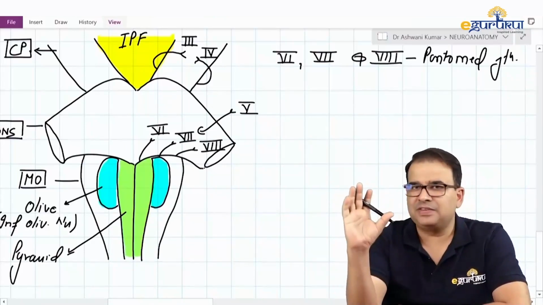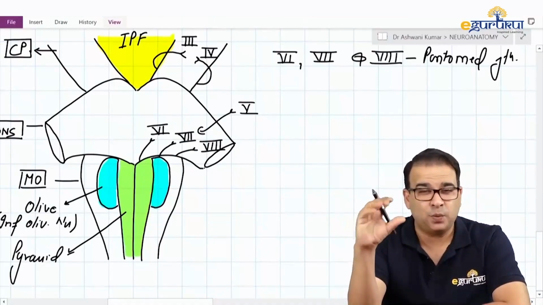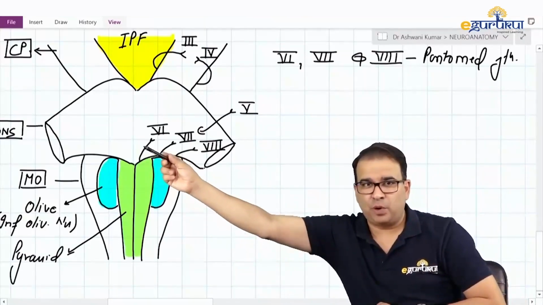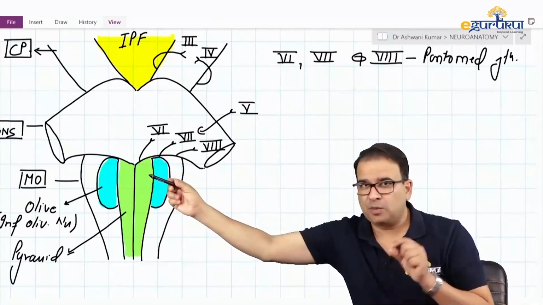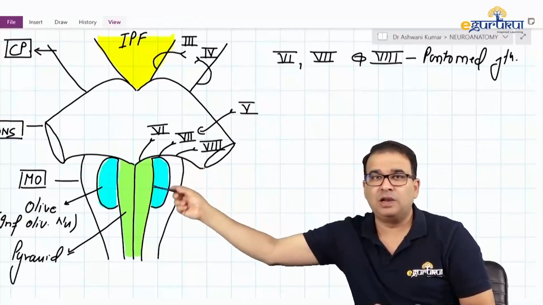Now yes, we can say the 6th, 7th, and 8th nerves are coming out from the pontomedullary junction. But this question can be more precise, asking where exactly from the pontomedullary junction. The 6th nerve is emerging from the ponto-pyramidal junction, if you talk about which part of the medulla, the pyramidal part. And the 7th nerve is coming from the ponto-olivary junction.